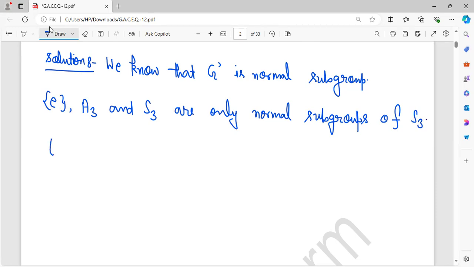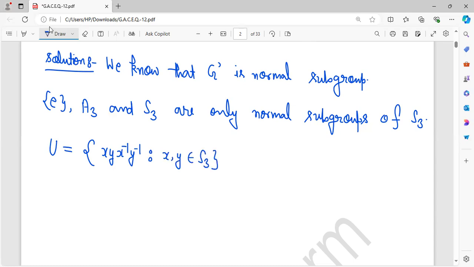Now, what is U? U is the collection of all the commutators x y x inverse y inverse, where x, y belong to S3.